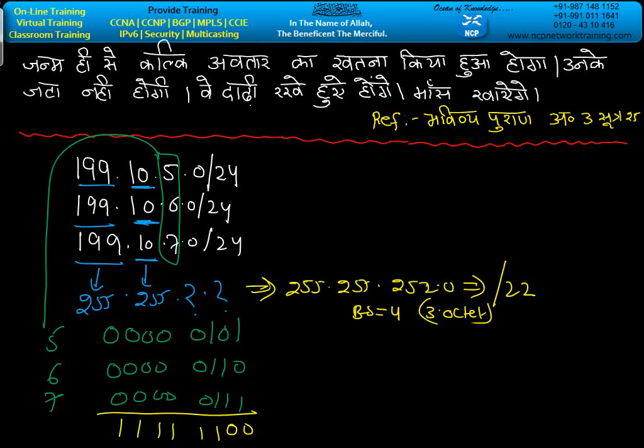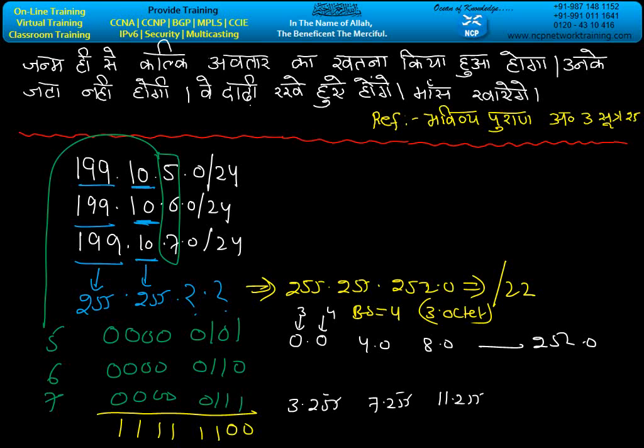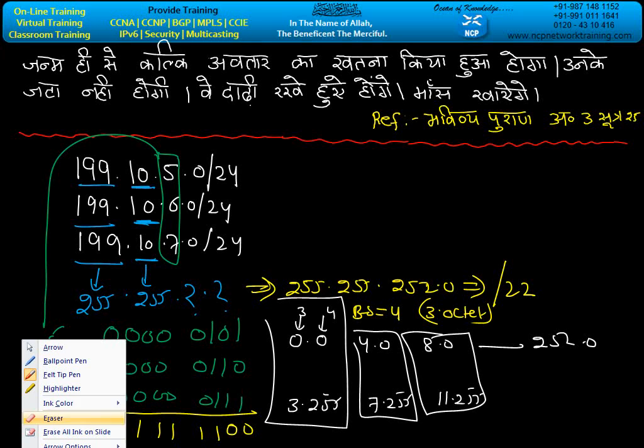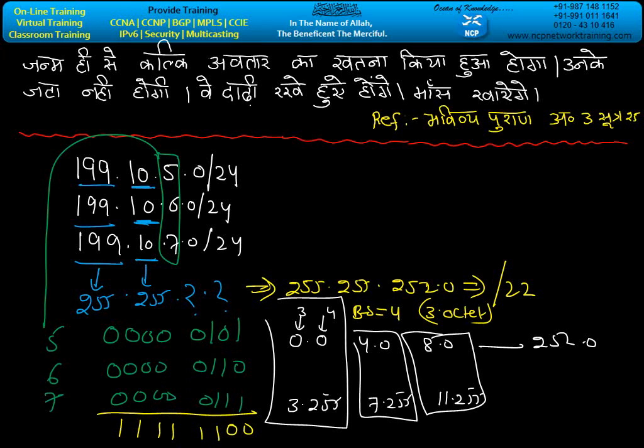Now we will write the table: 0.0, that is the third octet, and this is the fourth octet, 4.0, 8.0 and so on to 252.0. And from 4.0 minus 1 is 3.255, and 7.255, and 11.255. We have the blocks, and our given numbers are 5.0, 6.0, 7.0.